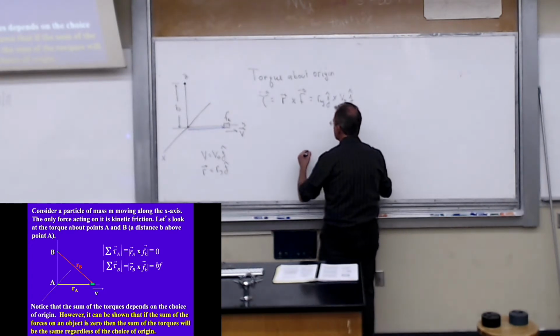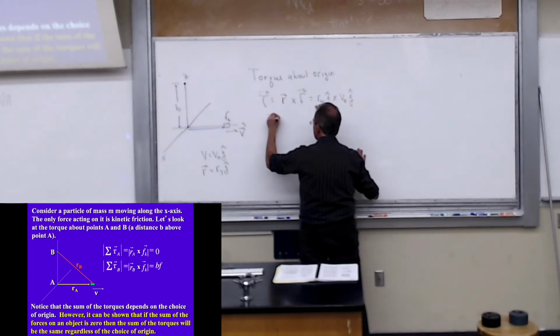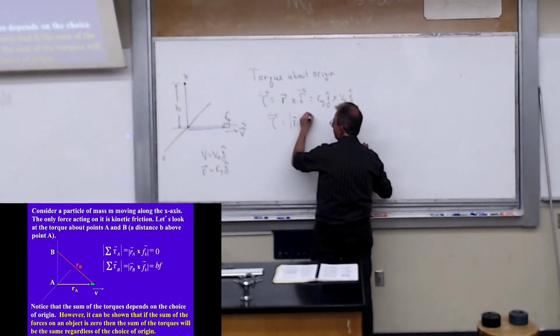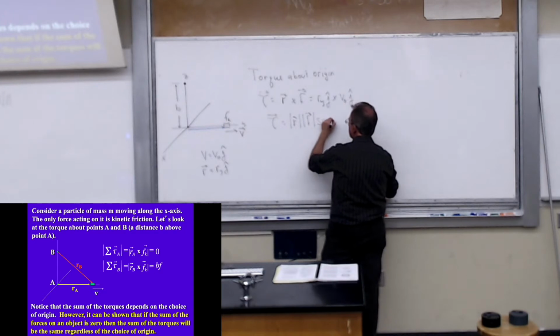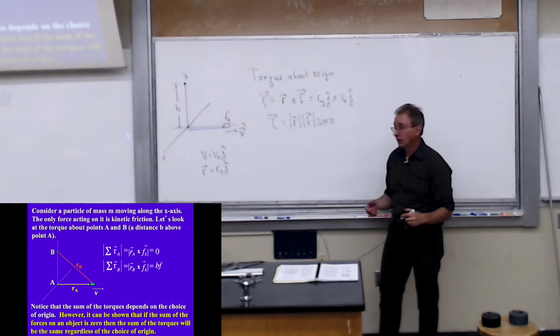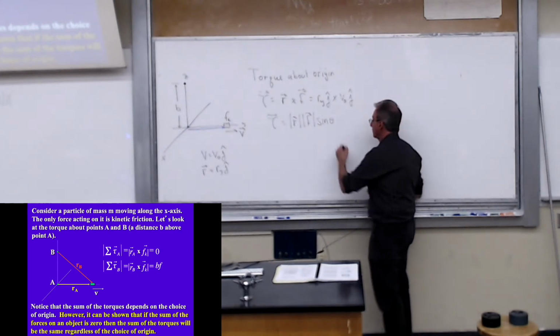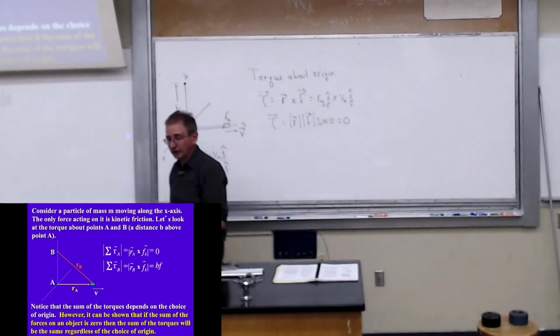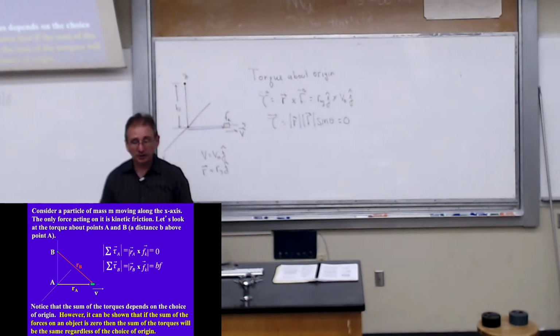If we don't remember, the magnitude of the torque is the magnitude of the r vector, the magnitude of the f vector, times the sine of the angle between them. What's the angle? The angle's 0, right? The two vectors are parallel, and so this torque is 0. If the vectors are parallel to each other, then the torque has to be 0. And the reason why is because there is no unique vector that is perpendicular to two vectors that are parallel to each other.